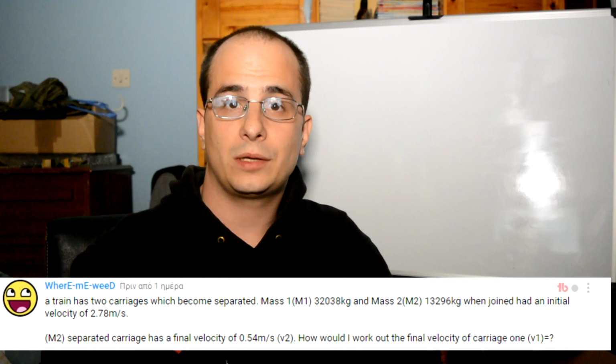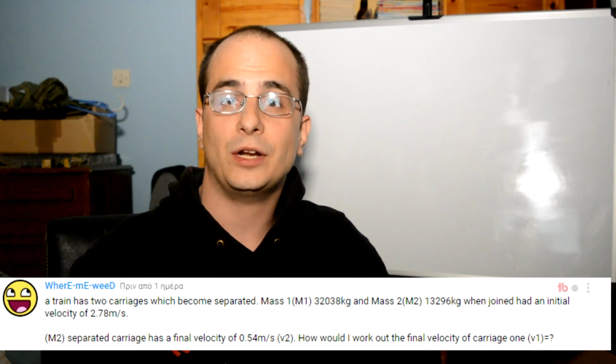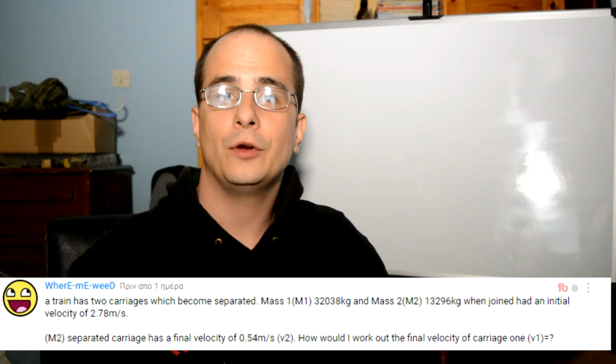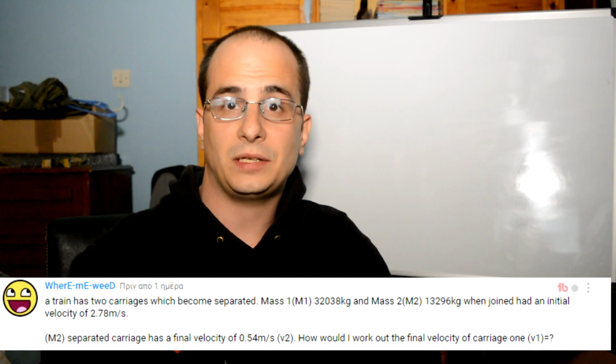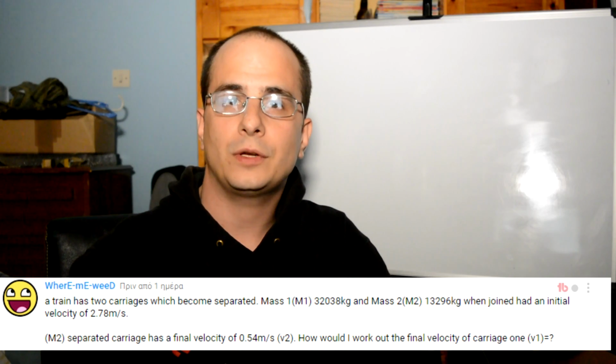M2 and M1 get separated, and the second carriage has a final velocity of 0.54 meters per second. He asks how he would work out the final velocity of carriage 1.